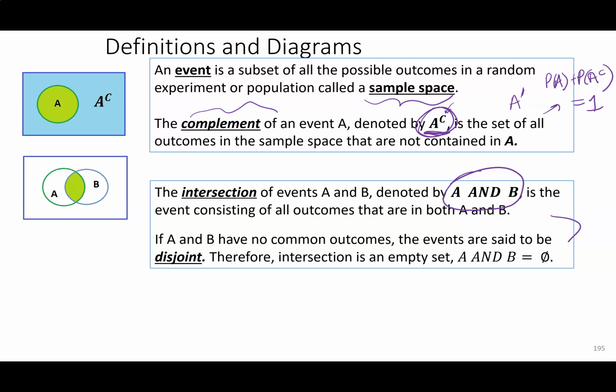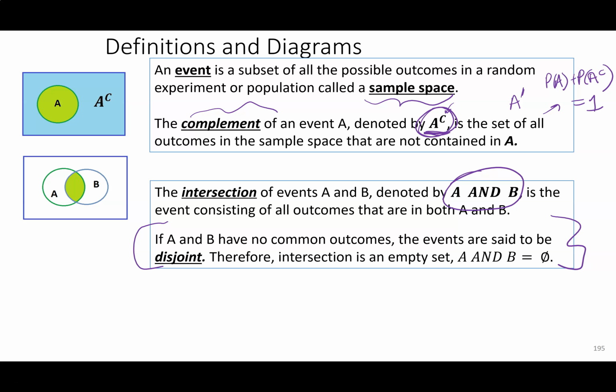If they don't have any common outcomes, we say they're disjoint. What that means is if A and B are disjoint, only one can happen at a time. They cannot both happen at the same time. So for example, maybe I'm doing a raffle and I draw a ticket and it can only have one winner.